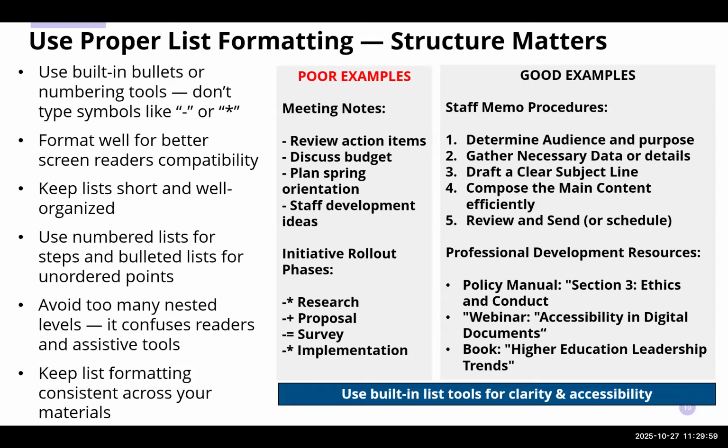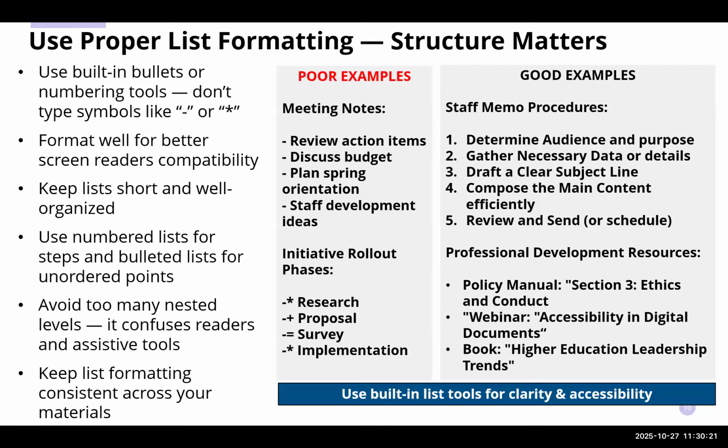For example, when creating a staff memo or outlining procedures, make sure to use built-in list styles for clarity instead of typing manual asterisks or dashes. Presenting that as a styled list can help people quickly scan or jump from one list to another.